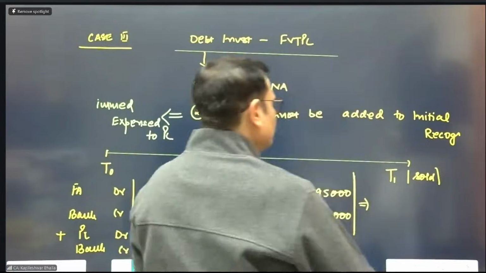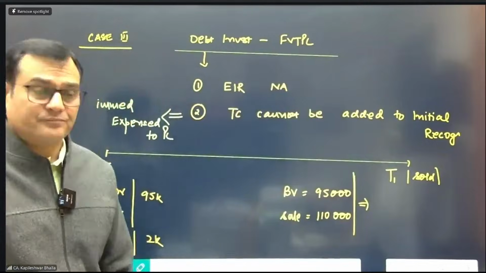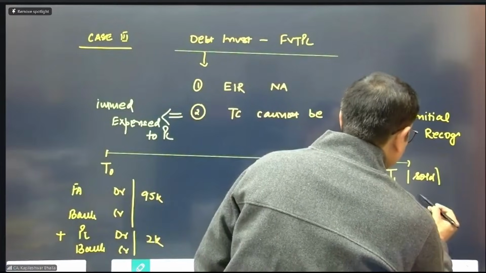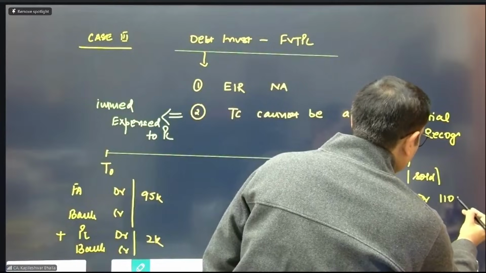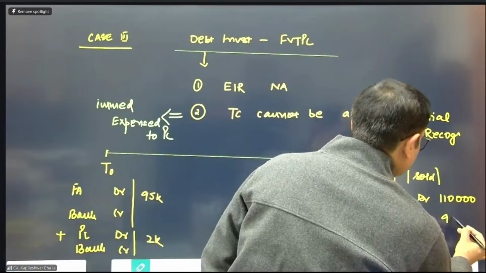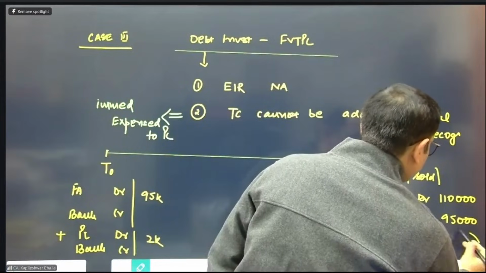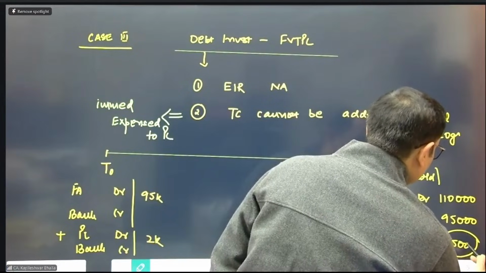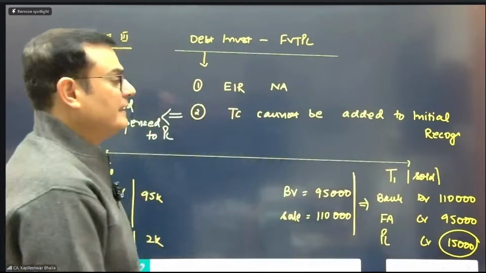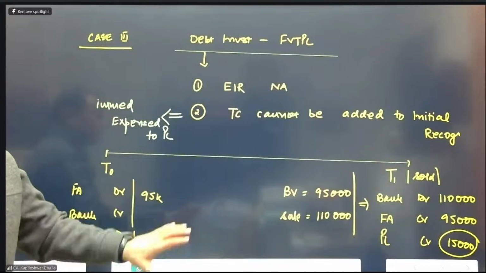So what is the profit on sale? That's 15,000. So we will put the entry: bank gets a debit, that's 1,10,000. Financial asset gets a credit, that's 95,000. And the profit on sale, 15,000, is taken in the P&L. It's a realized gain. It goes in the P&L.